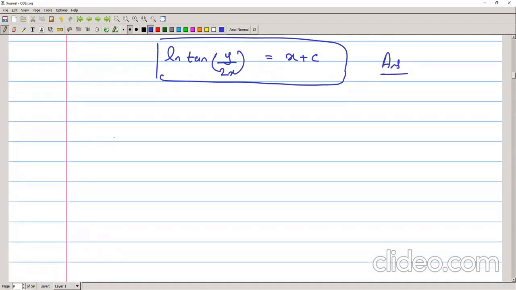Now let's take one more example. Say we have a question, or let's take this example, dy over dx is equal to y plus the square root of x squared plus y squared, over x.